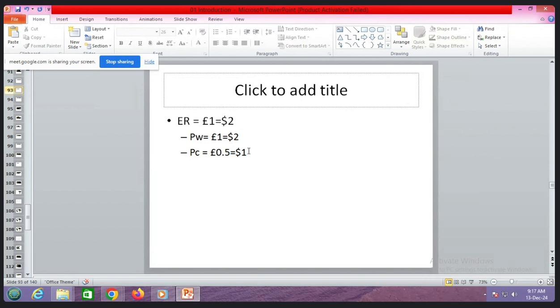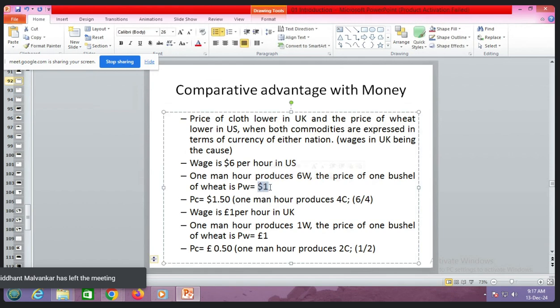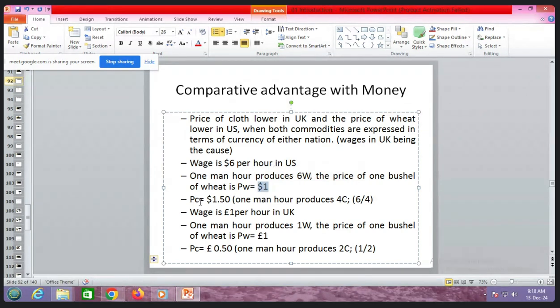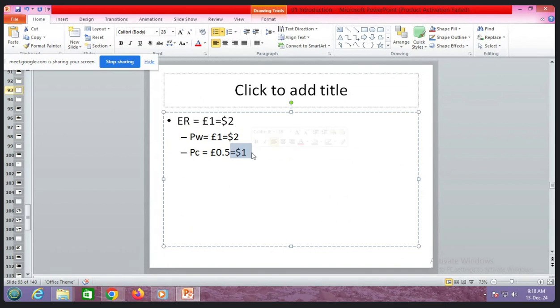So what we are seeing here, for comparison, we find that the price of wheat is $2 in UK, and the price of wheat is $1 in US. The price of cloth is $1.5 in US and $1 in UK. So can you see a comparative advantage there?